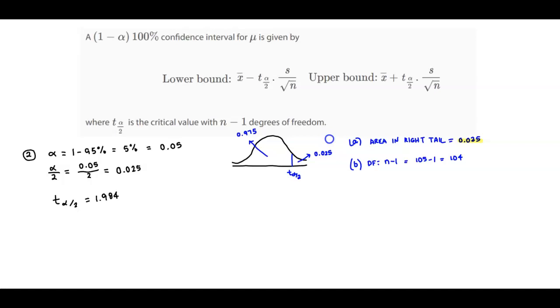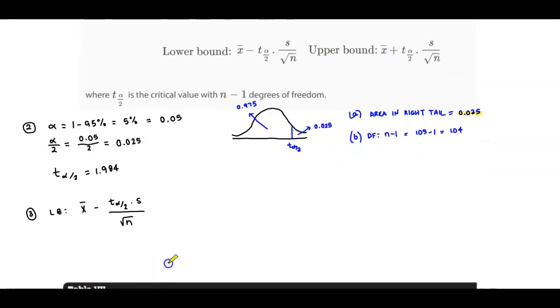Now we're going to find the lower bound and then the upper bound. The lower bound, again, is taking the mean and subtracting the critical value multiplied by the standard deviation over the square root of the sample size.